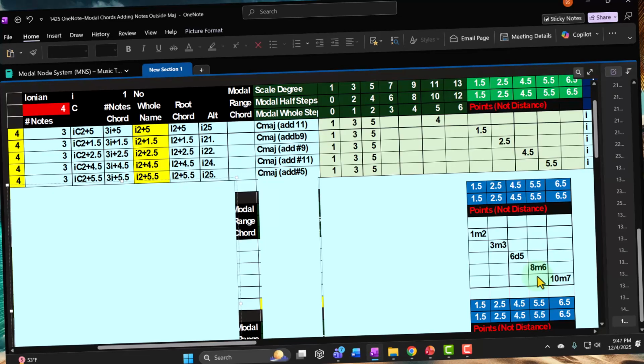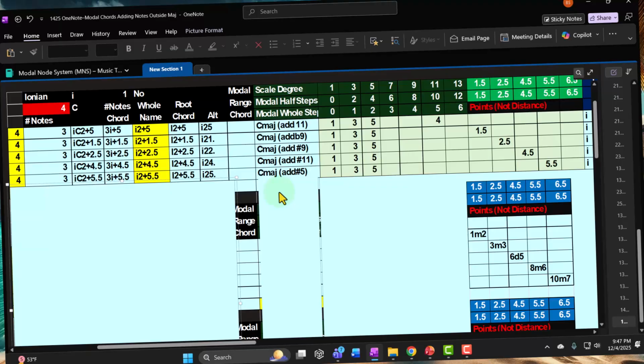So you could also call it a sharp 5. Or it might be a 13 if it's going to be an octave up of some kind, right? So you could call it a C major add sharp 5. Again, you could debate which naming convention would be the most appropriate. That's part of the problem.